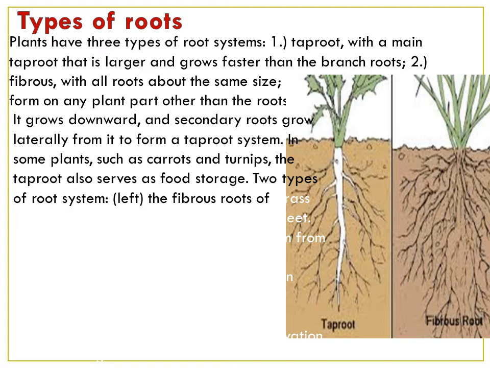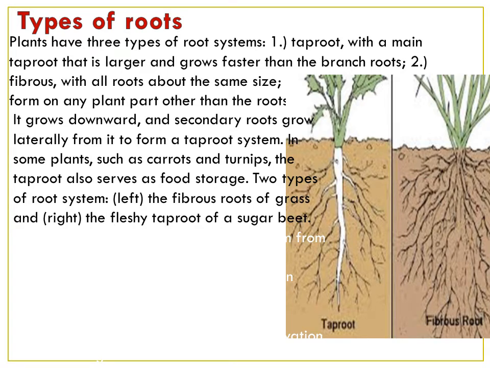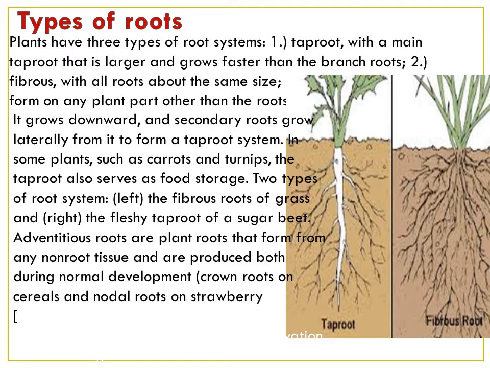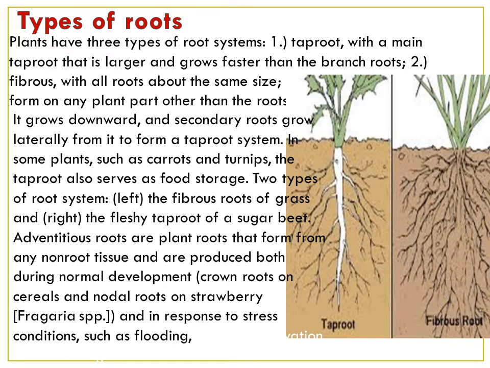In some plants such as carrot and turnip, the taproots also serve as food storage. We eat the taproot, the root. They have roots, isn't it? Two types of root: on the left, the fibrous roots of grass, and on the right, the fleshy taproot of sugar beet. Adventitious roots are plant roots that form from any non-root tissue.